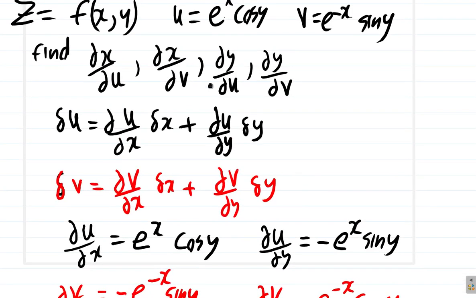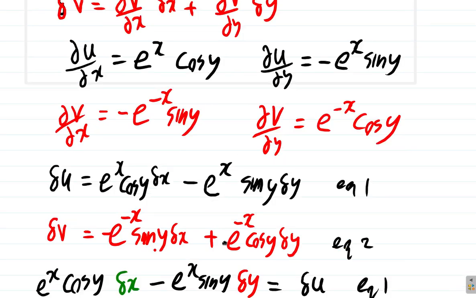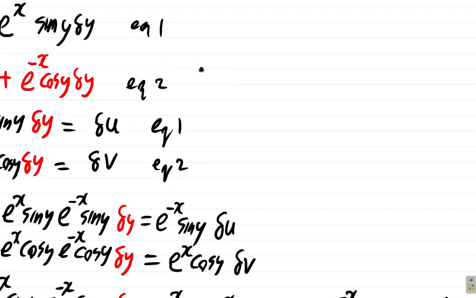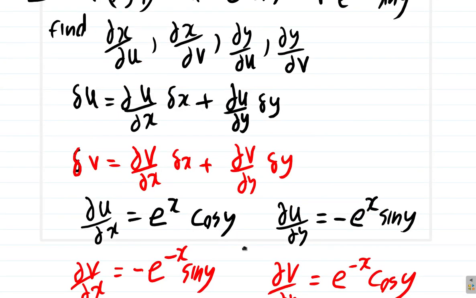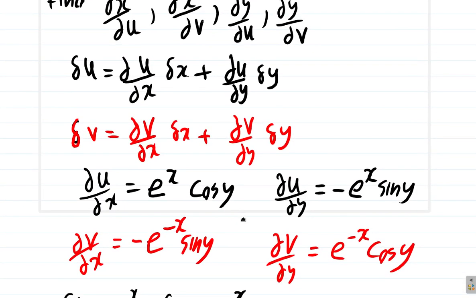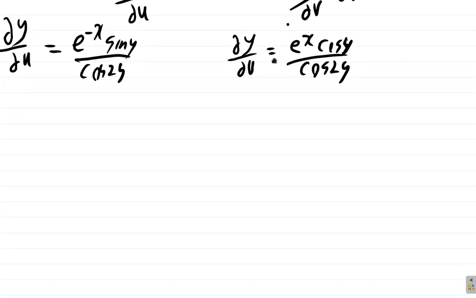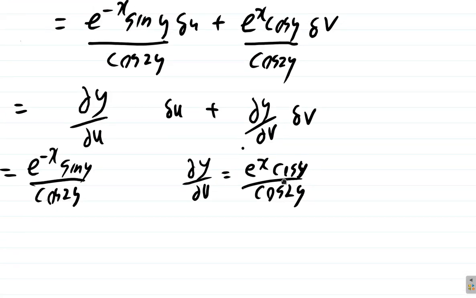But now we found delta y by delta u, and delta y by delta u is not 1 over e to the x cos y, right? It's not 1 over e to the negative x sine y. It's this, right?